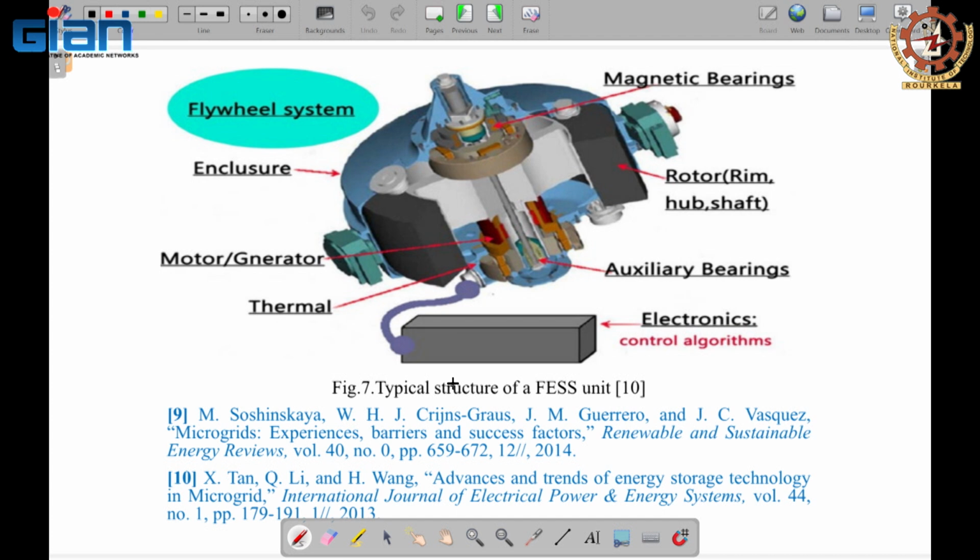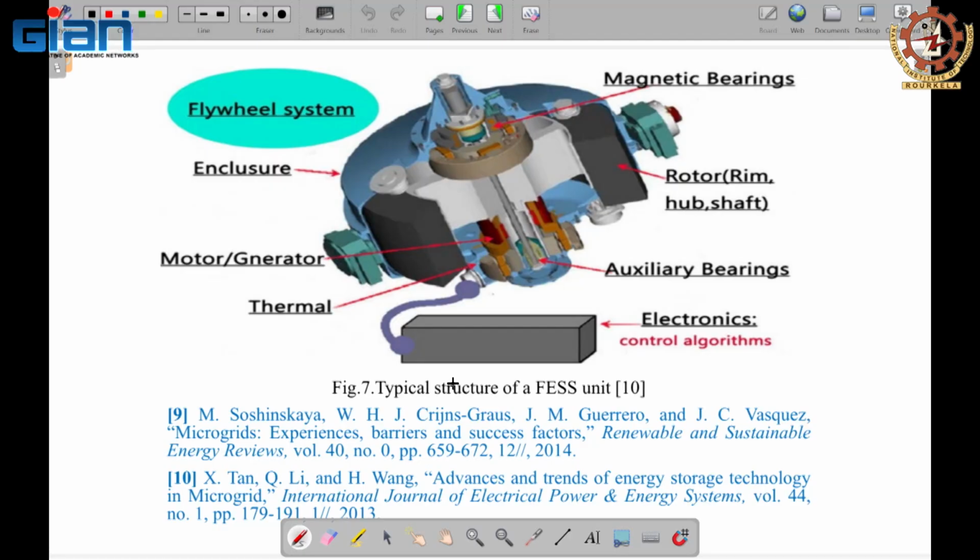One of these is the flywheel. As you will see, there is a rotating wheel which continuously keeps rotating. When we have the rotating wheel, it stores the energy in terms of half m v square.